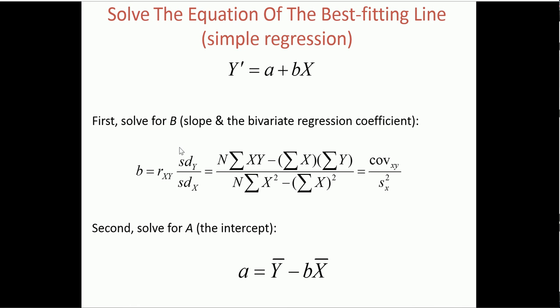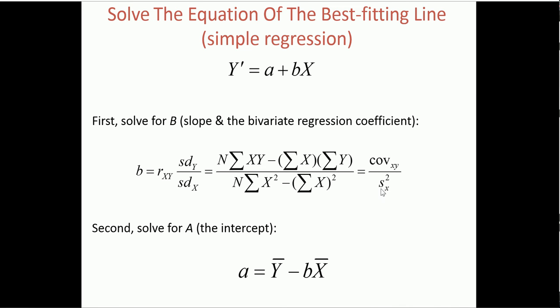If you don't have the components yet, then you'd want to use a somewhat more cumbersome formula, but one that we could work through. Another way to define the unstandardized regression coefficient would be the covariance, which we covered during the correlation lecture.